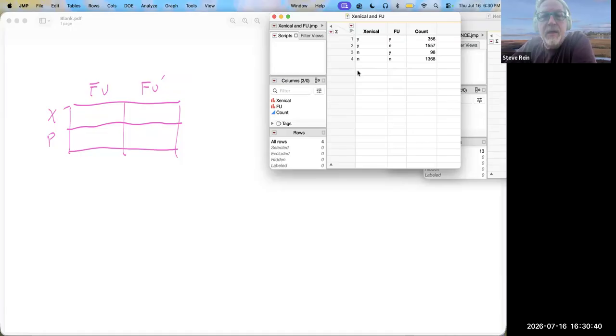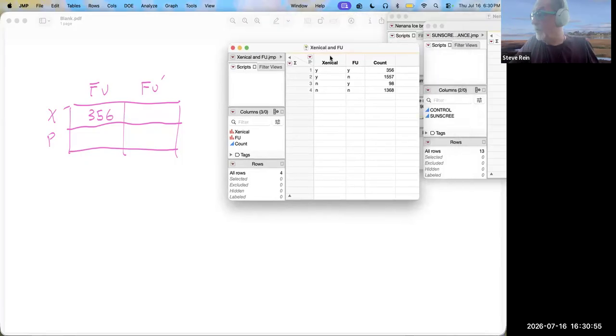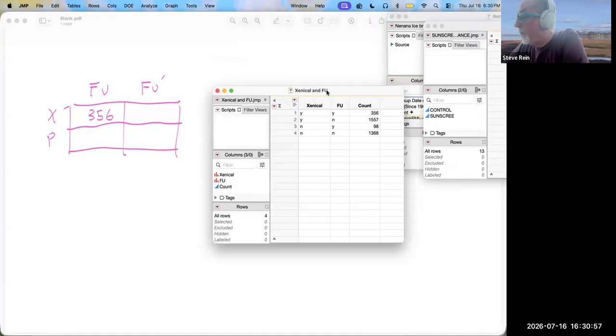Okay. And there was a collection of people who did take Xenical and experienced fecal urgency, 356 of them. Literally, it's over here in my table. Hold on. Okay, so I'm going to circle it there.